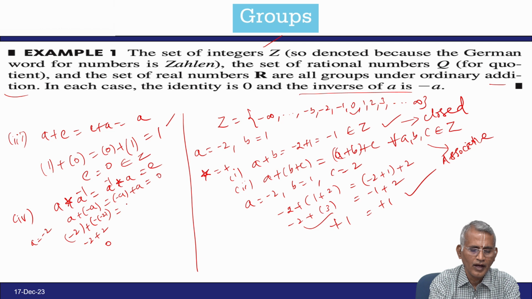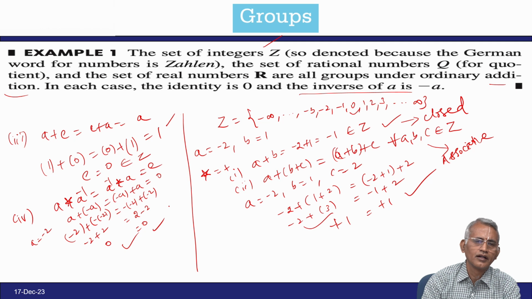Similarly, you have 2 plus minus 2, which is equal to 0. Therefore, it satisfies the existence of inverse.